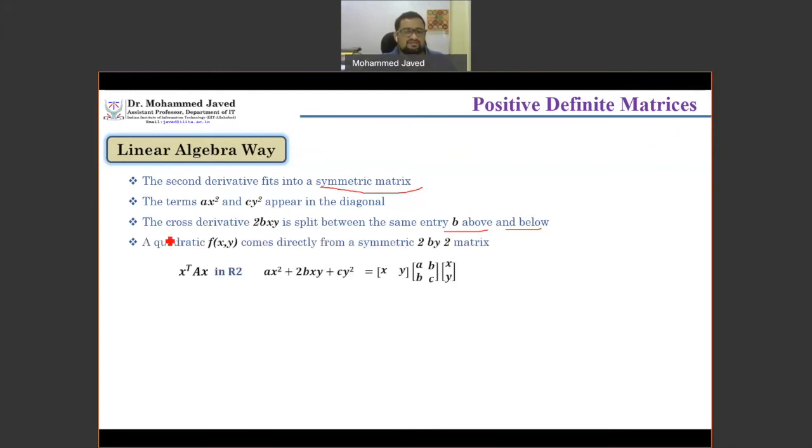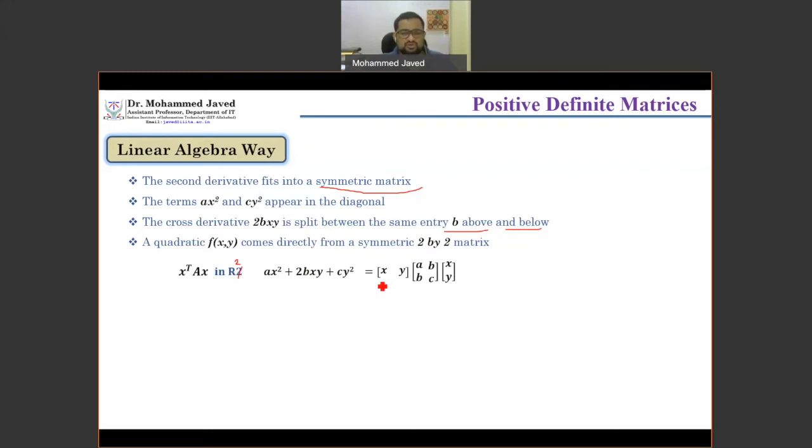So the quadratic form f of x comma y comes directly from a symmetric 2 by 2 matrix. Given a matrix A, in order to convert it into a quadratic, simply, with x in R2, I multiply x transpose on the left side and x on the right side.